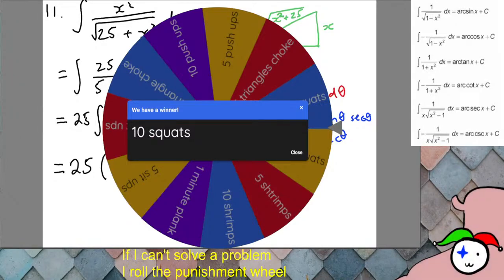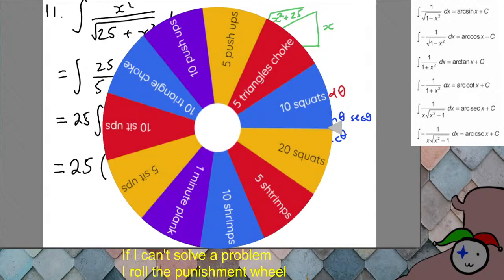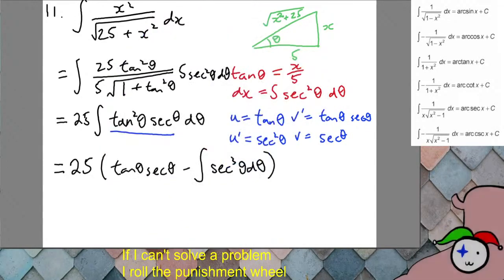Get comfortable. 1, 2, 3, 4, 5, 6, 7, 8, 9, 10. Oh, okay. Ow. Alright, get out of here.